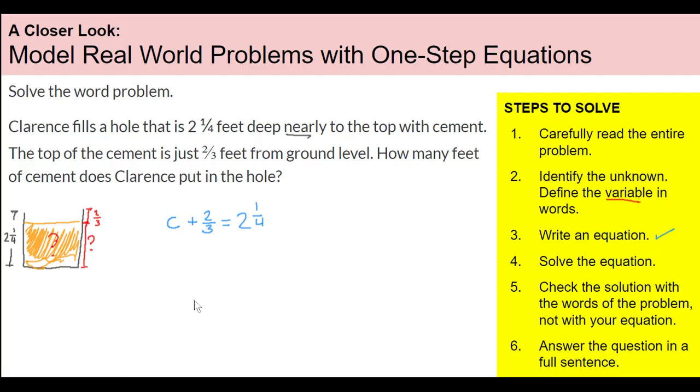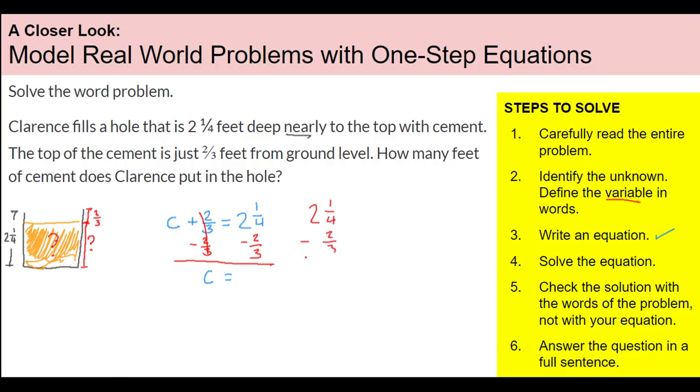So let's solve this. What are we going to do first to get C by itself? That's what we want, C alone. Well, we need to get rid of the positive 2/3. So we're going to subtract 2/3 from both sides to keep the equation balanced. So let's do this over here. 2 1/4 minus 2/3.